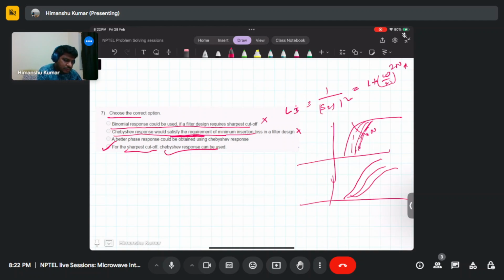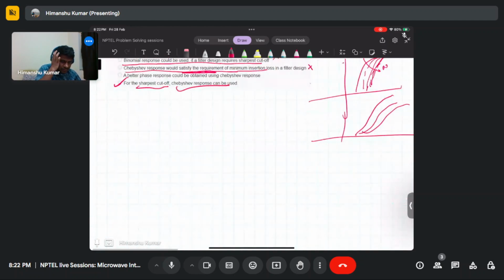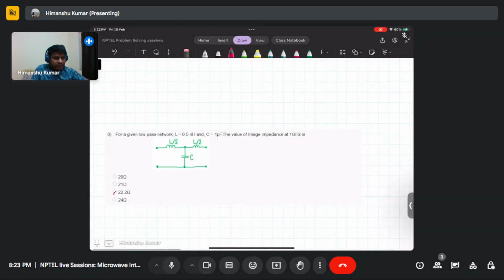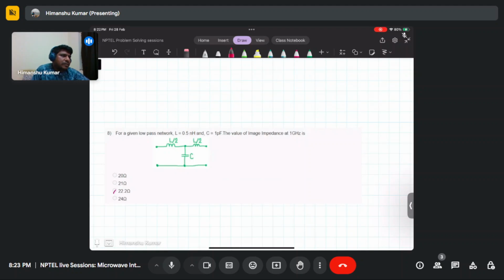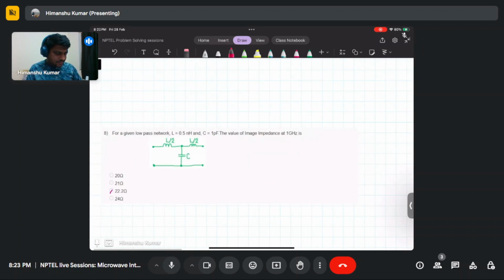For this problem, this is related to image impedance.